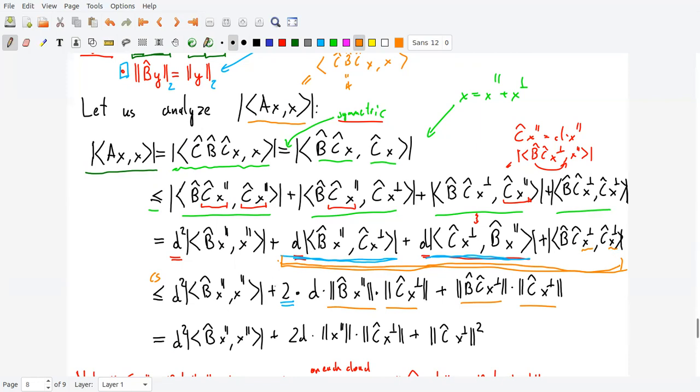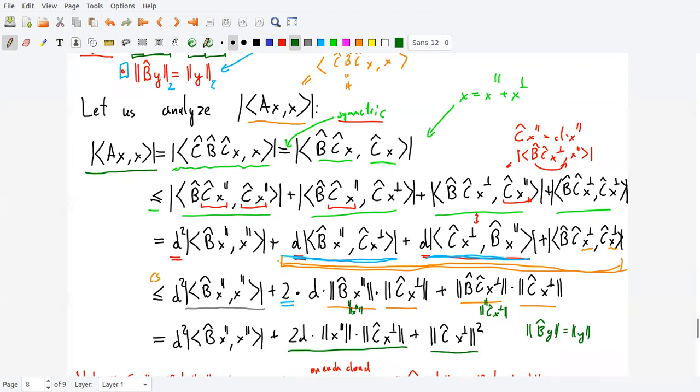So here we just brute force bound this by Cauchy-Schwarz. However, we leave the main part, the average behavior part, intact so far. Now we are using the fact that B does not change the norm of any vector. So this is just the norm of x parallel, and this is just the norm of C hat x orthogonal. So I rewrote it like that.